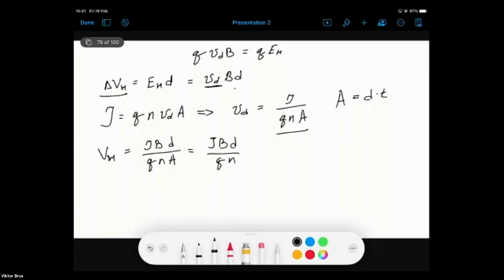So this is already a very important equation. It gives us the relationship between the current density flowing through the conductor, magnetic field, its geometry, like the distance between the edges in the direction perpendicular to both current and magnetic field, and also the concentration of charge carriers in this conductor, either electrons or holes.